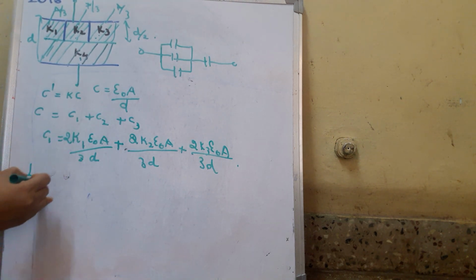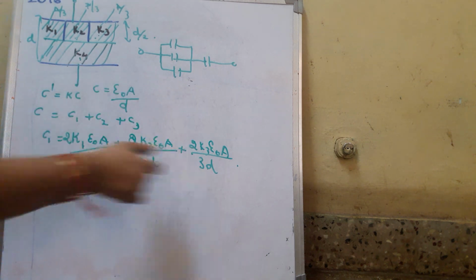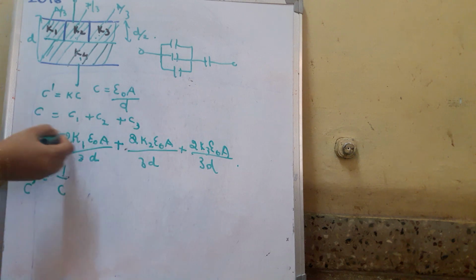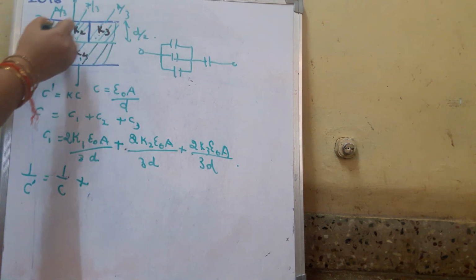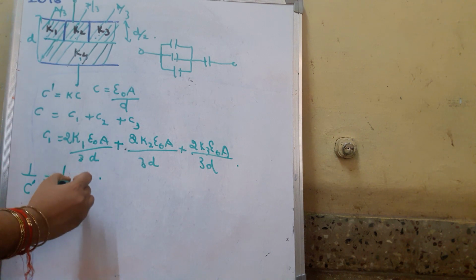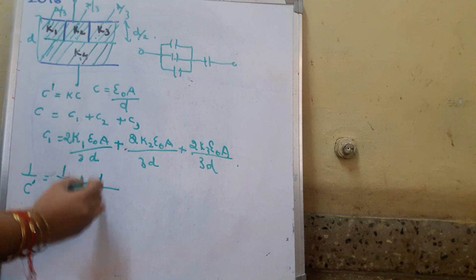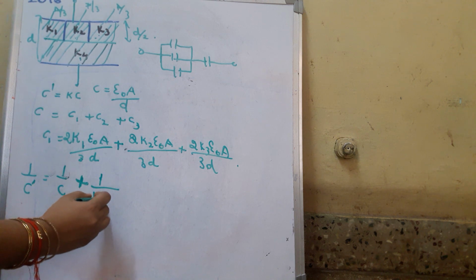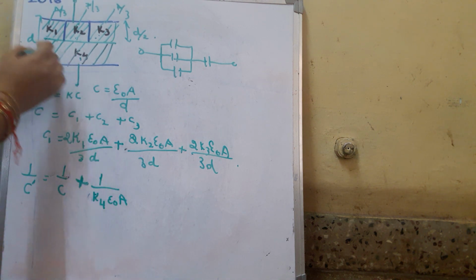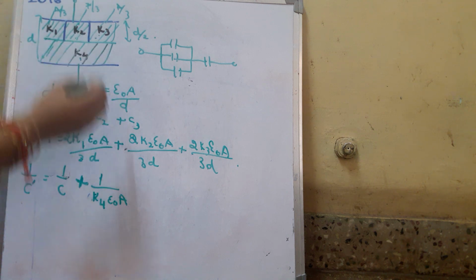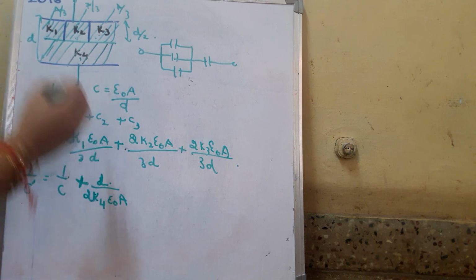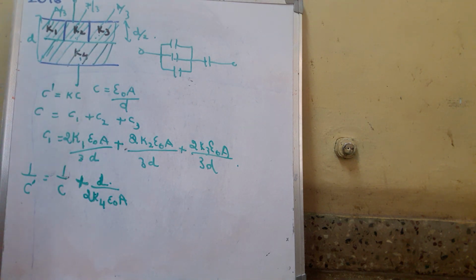Taking this as C prime, 1/C prime is this capacitance plus, since we have connected it in series, this one, and for the other it will be 1/(K4 times epsilon naught a). And what about this distance? The distance becomes d/2. Shall I write like this?